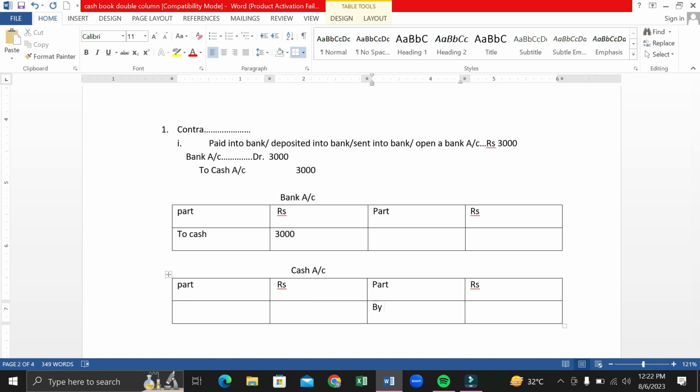So we will write here 'By bank account', and the amount will be 3000 rupees.